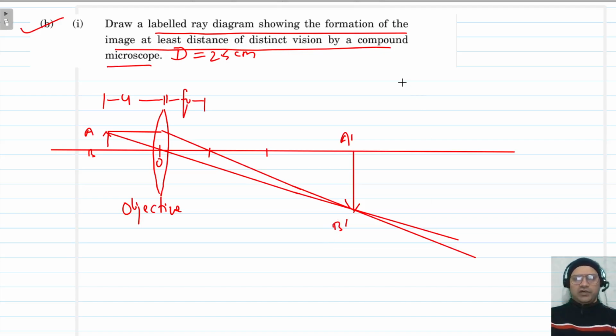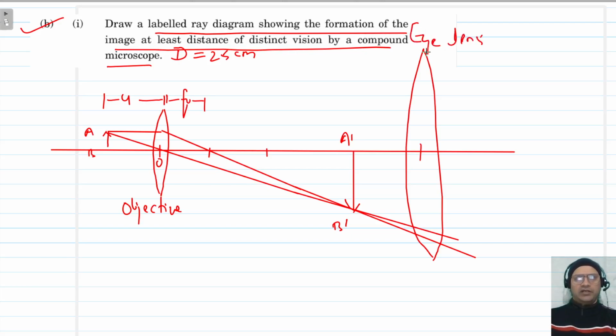अब next हमारे पास है eyepiece lens, which is of greater aperture than the objective lens. So let's suppose this is the eyepiece lens. Okay, this is the eye lens.